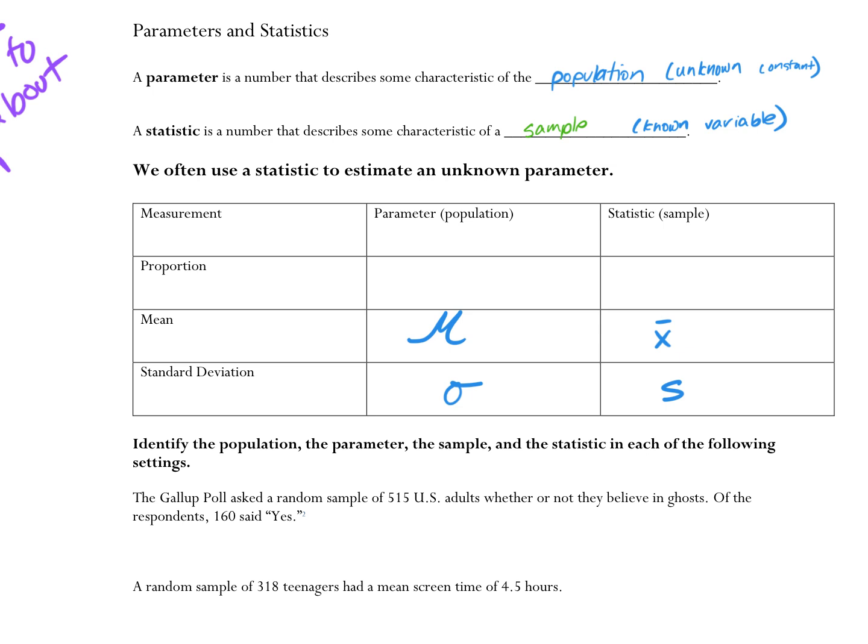Remember, proportion is the decimal version of a percent. So, the proportion of a population is p. The proportion of a sample is p hat.